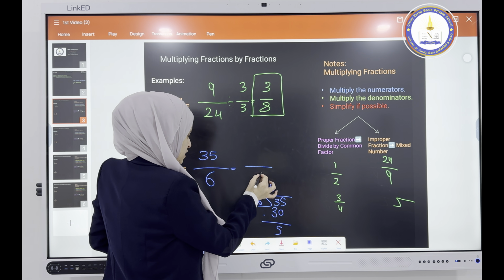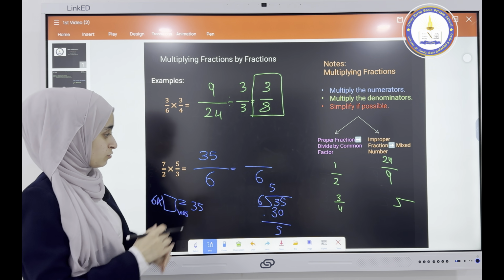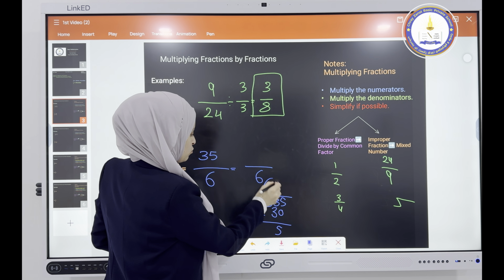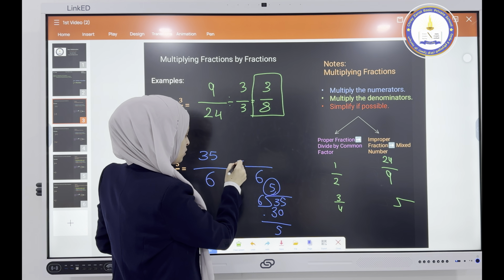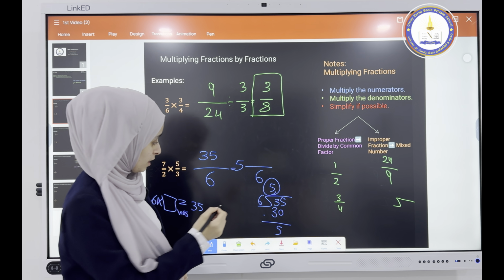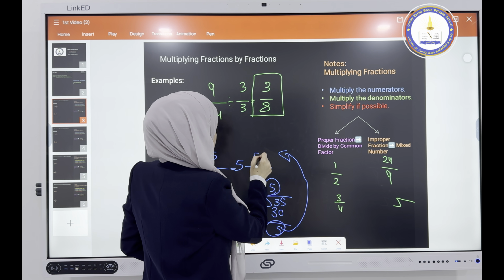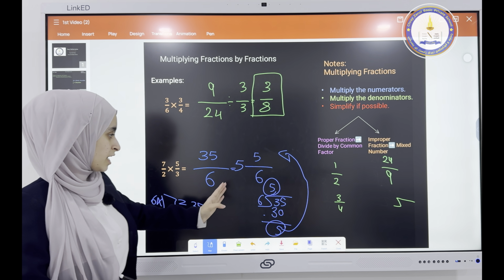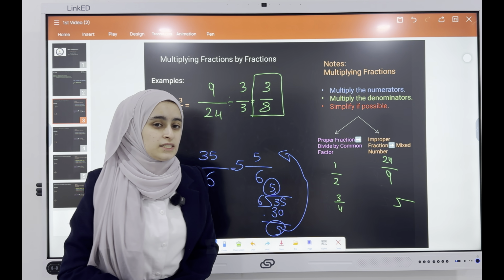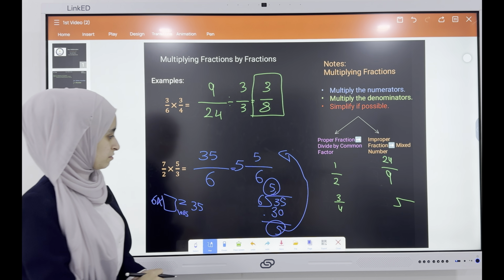As always, rewrite the denominator like itself, or copy it. Then the quotient, or the answer of the division, will be our whole number. And then the remainder is our new numerator. It means 35 over 6 is equal to 5 and 5 over 6, if we write it as a mixed number.